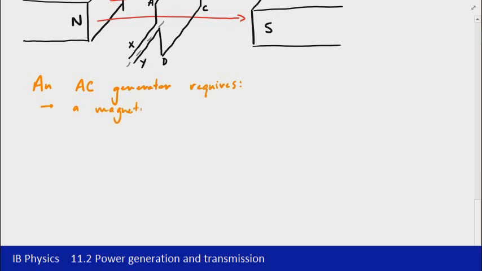And in this diagram above, that magnetic field is provided by the north and south poles. The second thing is that it needs a conducting coil, and that conducting coil or conducting loop is represented by the ABCD.